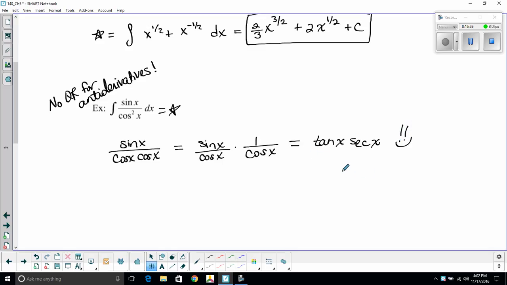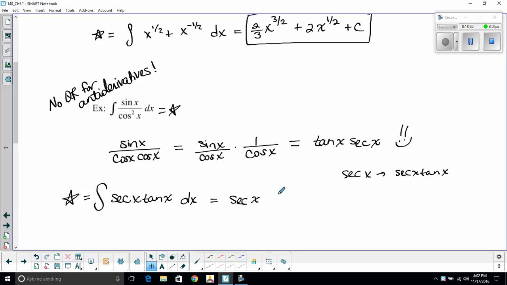The derivative of secant is secant x tangent x, yeah? So the antiderivative of secant x tangent x dx is secant x plus c.